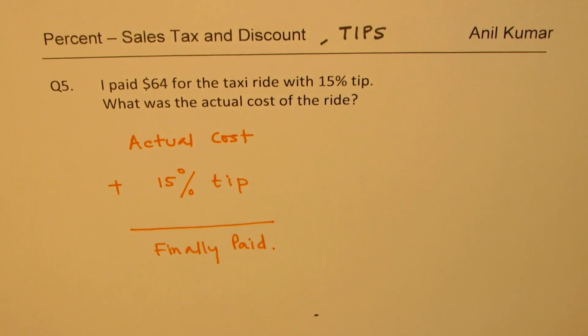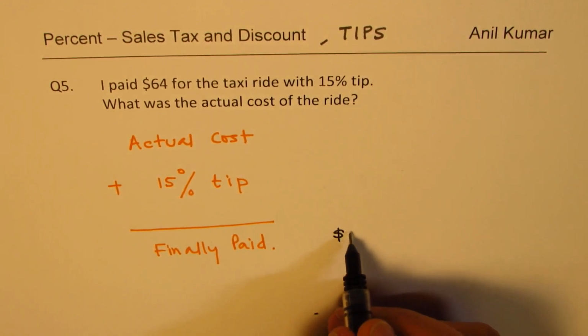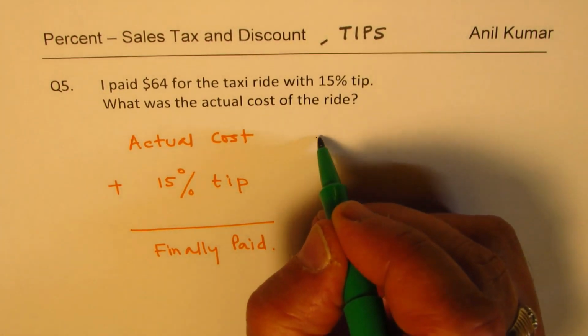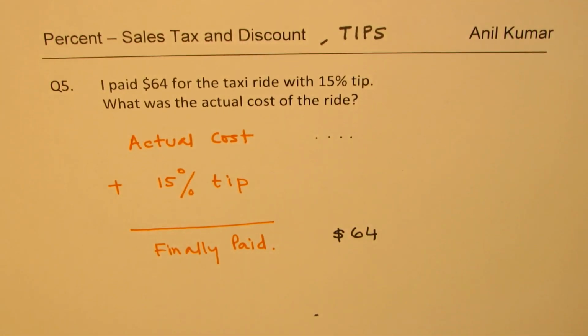So in this particular question, we are given that I paid $64. What you need to figure out is what was the actual cost. Is that clear to you? So we are going to do reverse calculation in this particular question. So I'd like you to pause the video, find the answer, and then look into my suggestion. Okay, so let's see how to do this particular question.